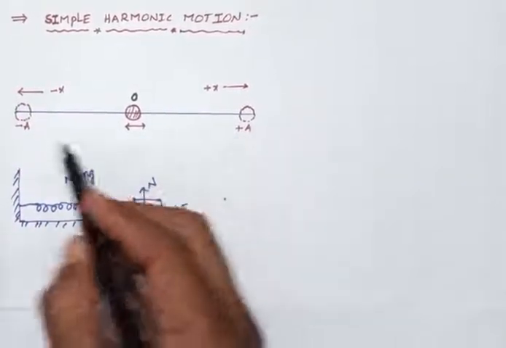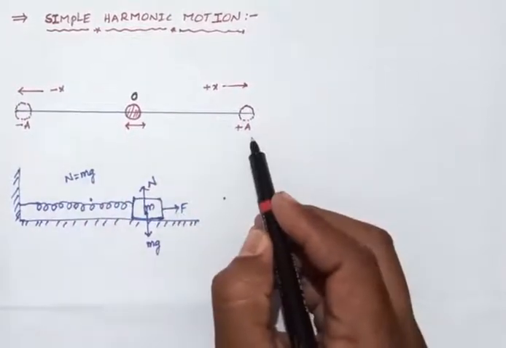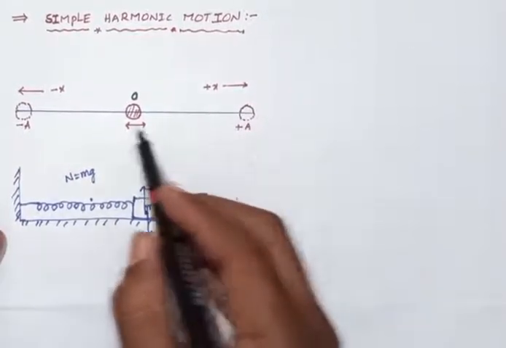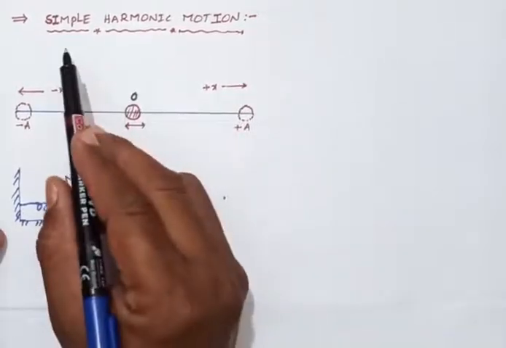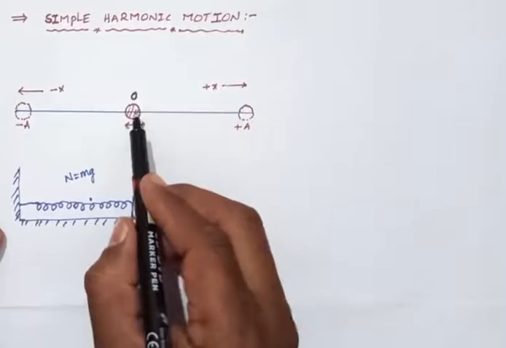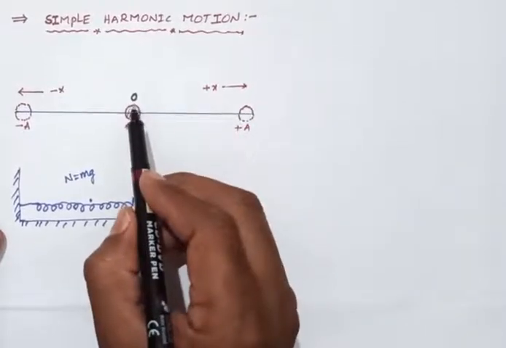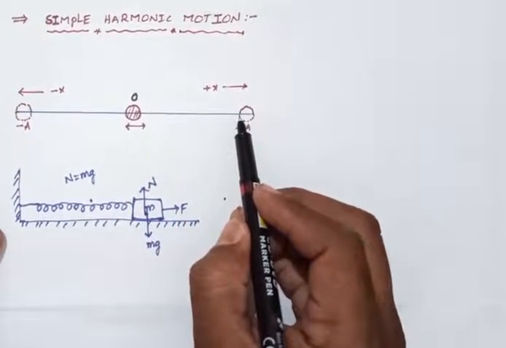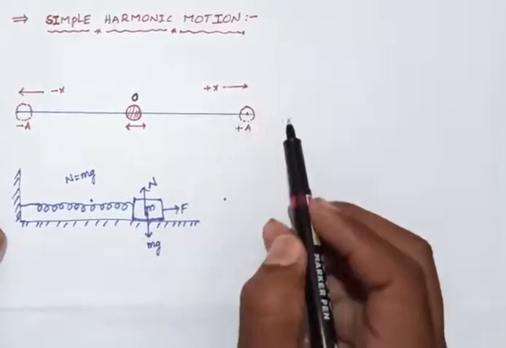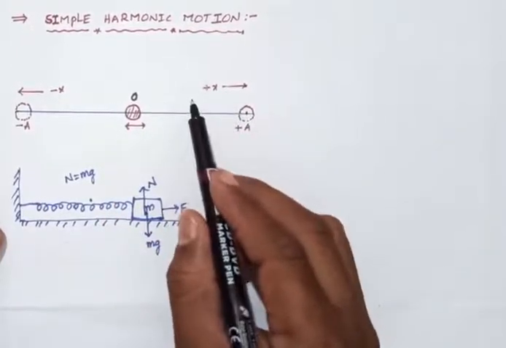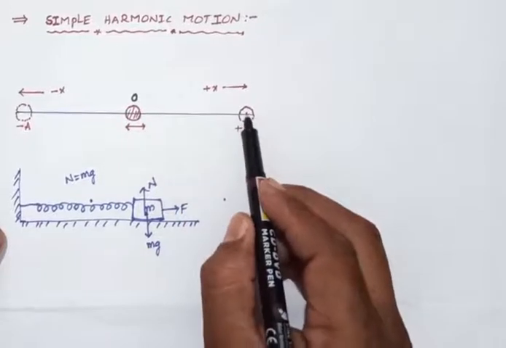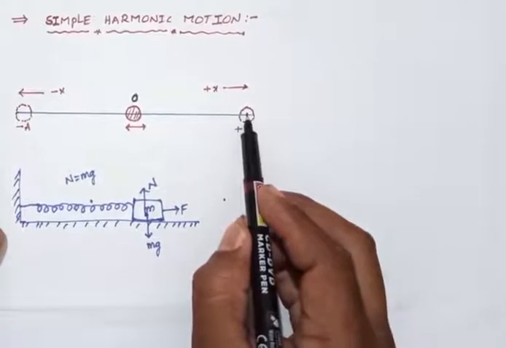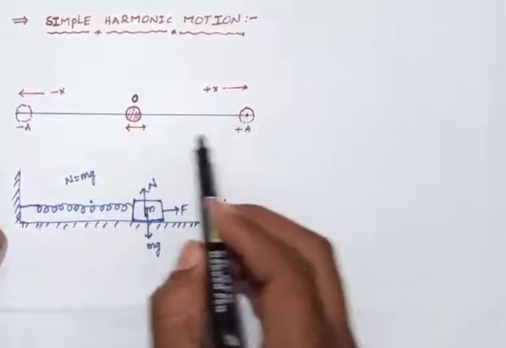So what is plus A, and what is minus A here? A is nothing but the amplitude. Amplitude is the maximum displacement of a particle. The distance from the starting point to its position at a certain time is called the displacement. The maximum displacement of a particle in simple harmonic motion is called the amplitude.